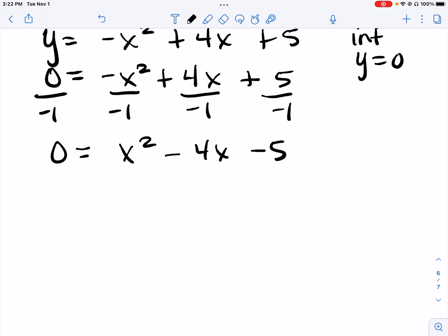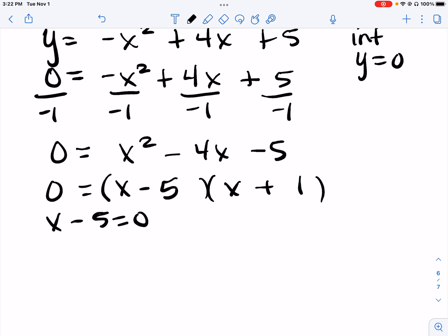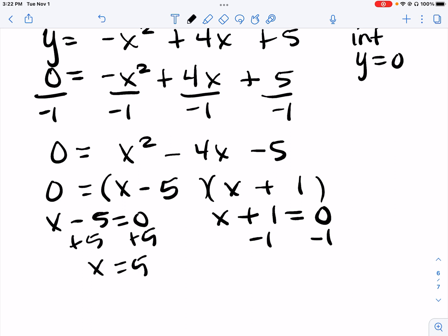And that makes it much easier to factor. We want to multiply to negative 5 and add to negative 4. So negative 5 plus 1. So x minus 5 equals 0. X plus 1 equals 0. Solve.